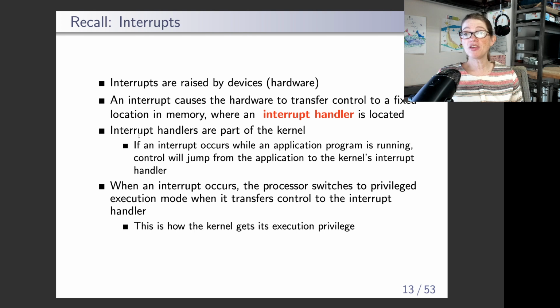And so the CPU usually flips itself into a privileged mode when it receives that interrupt, and it jumps to that instruction in the interrupt handler, which is a part of the kernel. So we are going to flip our execution privilege to privileged mode when we receive the interrupt. And that is actually quite safe, by the way, because at the point you receive the interrupt, we actually cease executing our user thread.